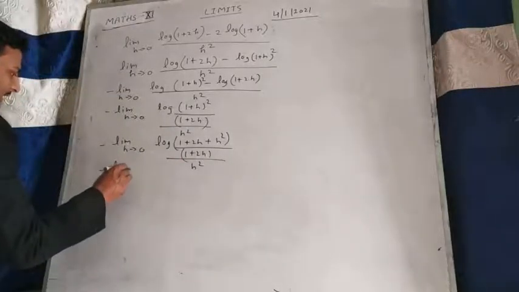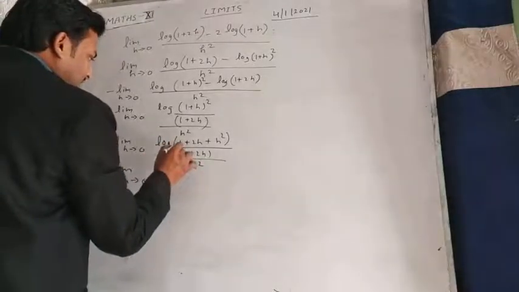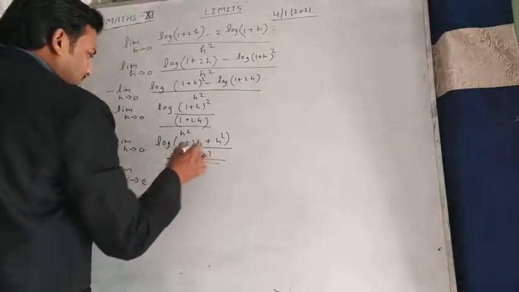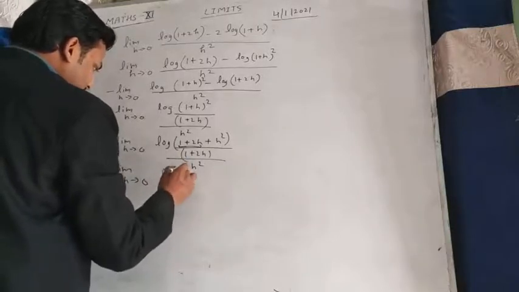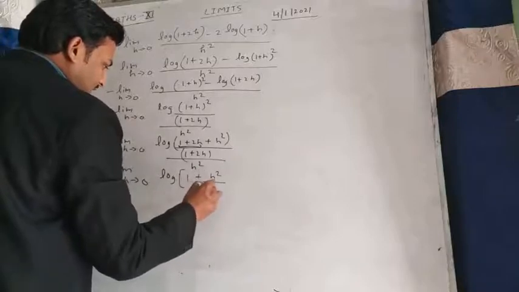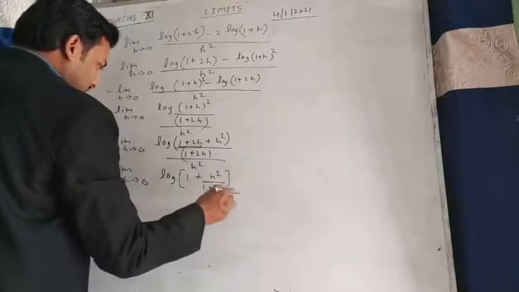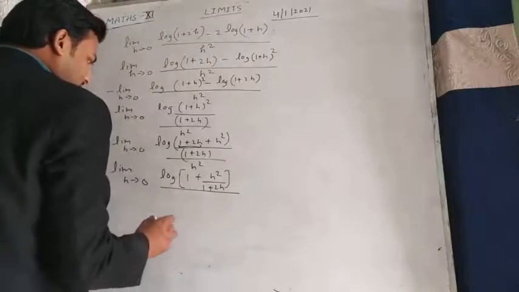Now student, limit h tends to 0, we can separate this term. This is one term and this is second term, so we can write log 1 plus h square by 1 plus 2h by h square.